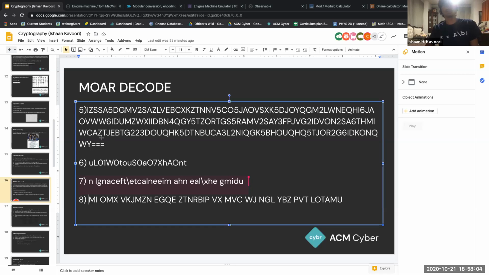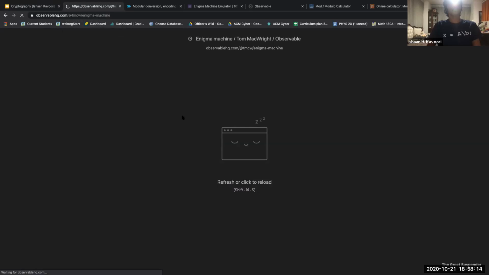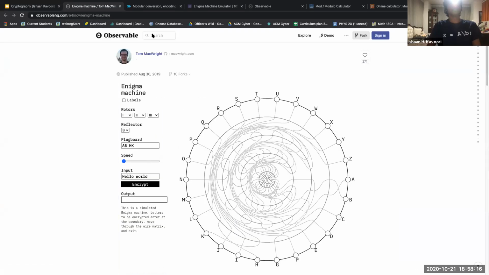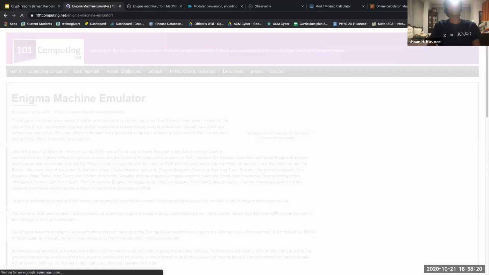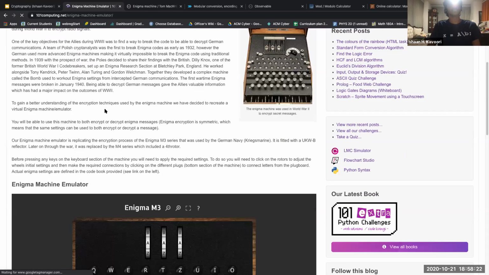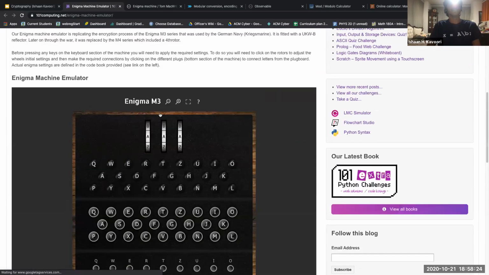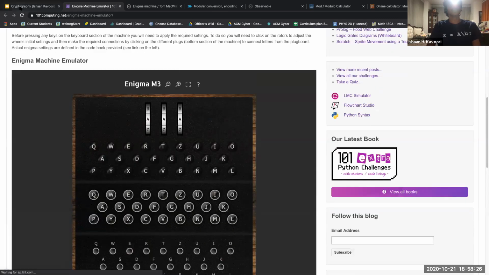This next one, does that make sense to you? Rail fence cipher. Okay. No, that's not the one I want. This is the one I want. So the next one is an Enigma machine challenge. I don't think I'm going to type all of this out. Basically, you have it at the default settings, right?